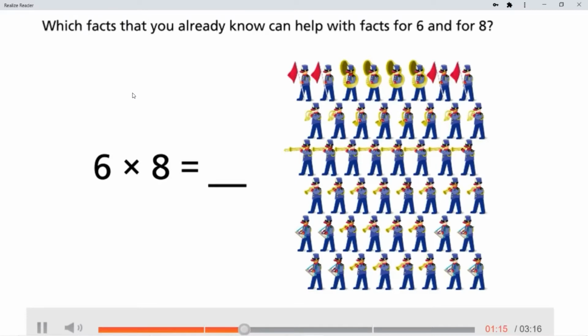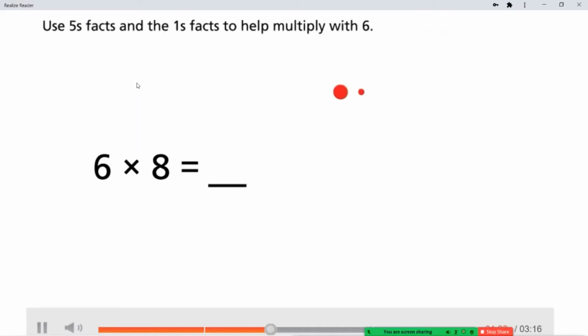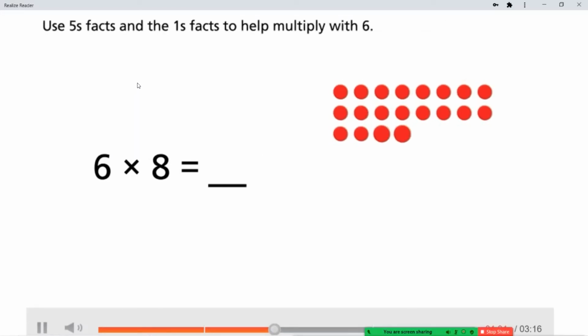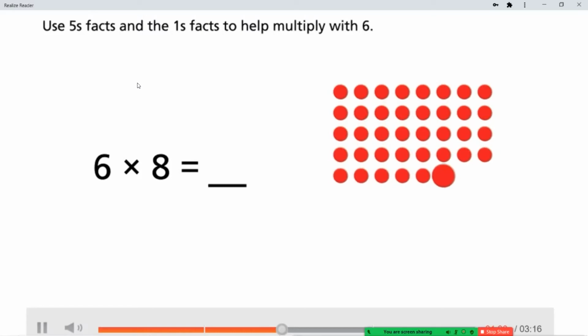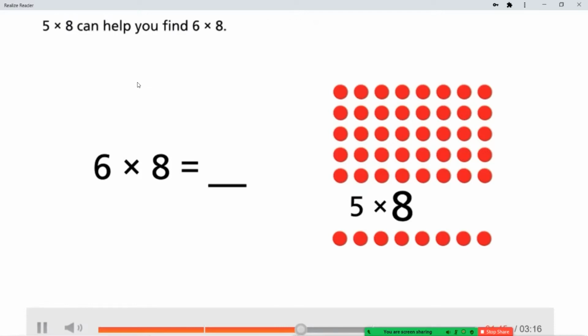Which facts that you already know can help with facts for 6 and for 8? If you know the 2's and 5's facts, you can figure out most other facts. Use 5 facts and the 1's facts to help multiply with 6. Which 5's fact can help you find 6 times 8? 5 times 8 can help you find 6 times 8.